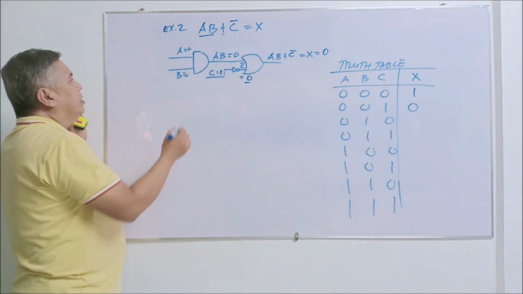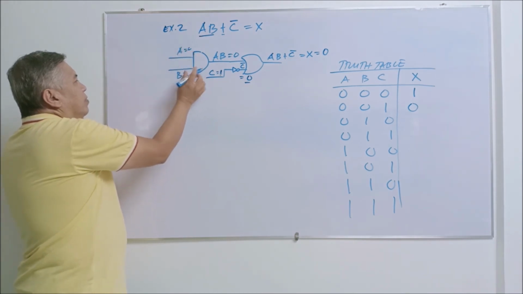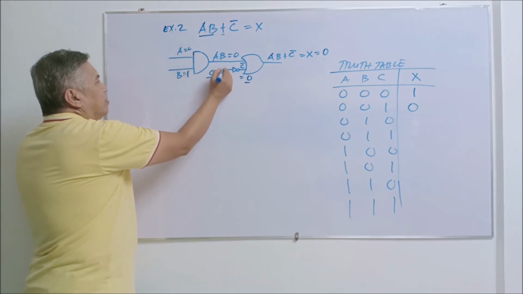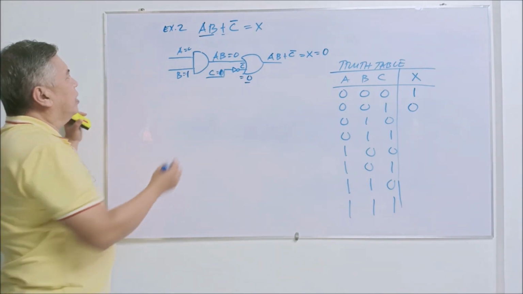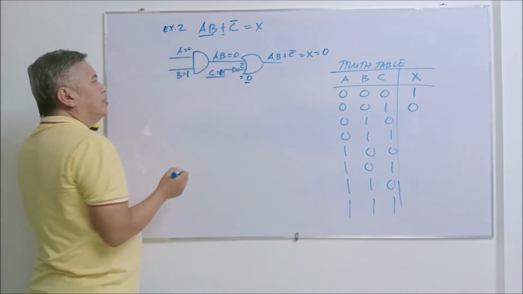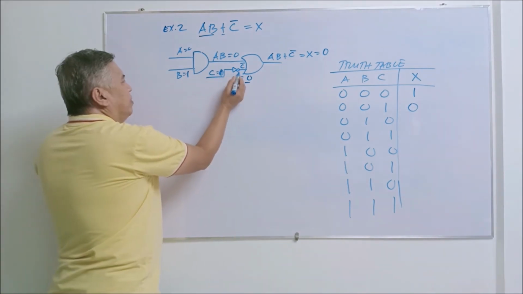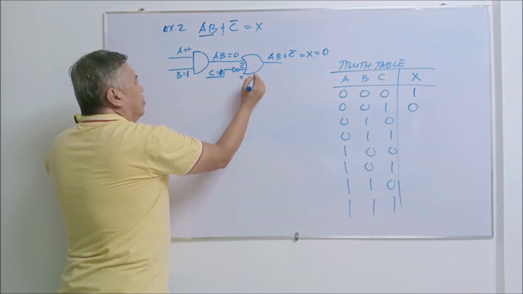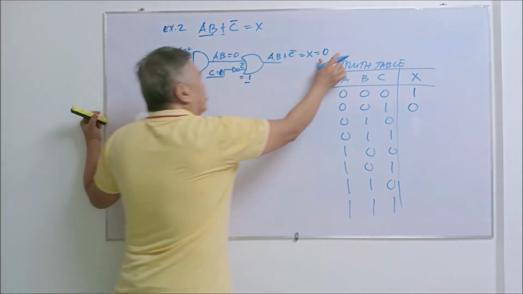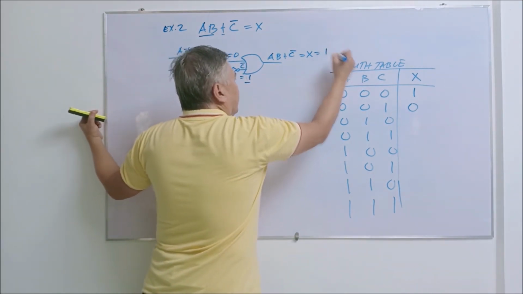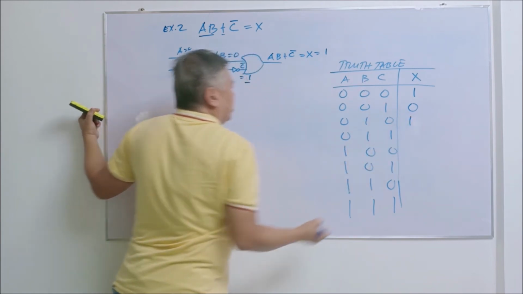Then 0, 1, 0. So you have A and B again 0. C is 0, invert that, this becomes 1. So one of the inputs of your OR gate is 1. So X will be equal to 1.